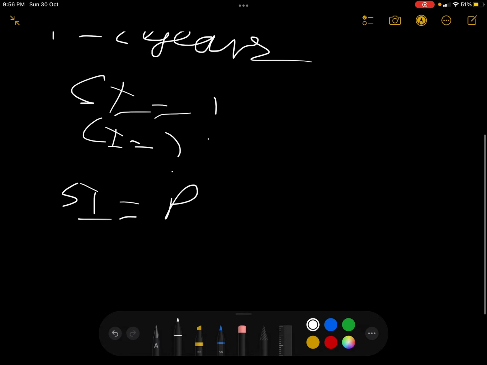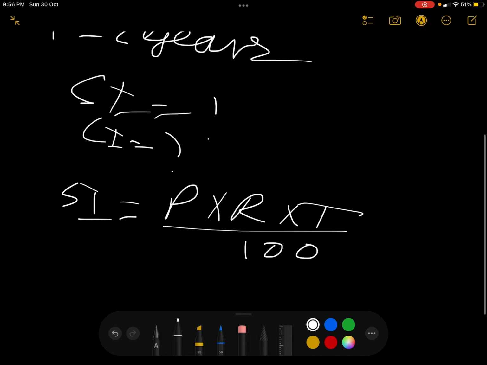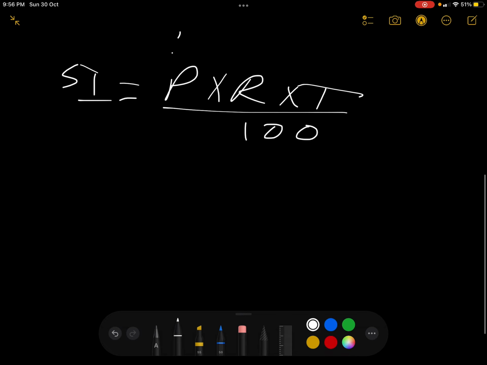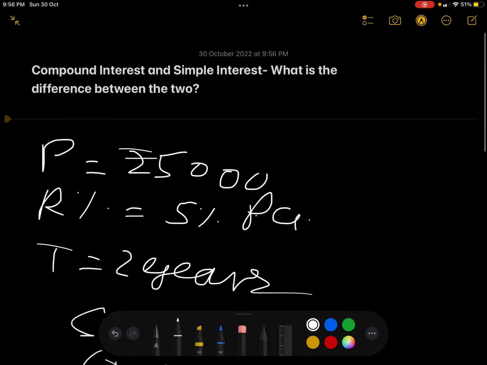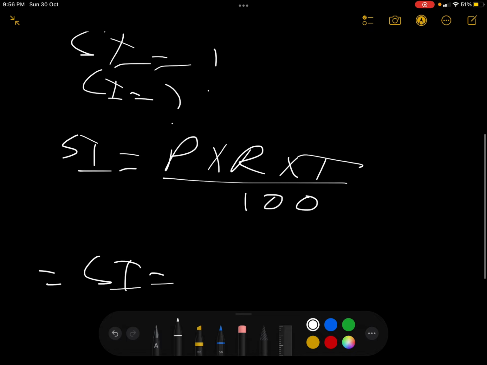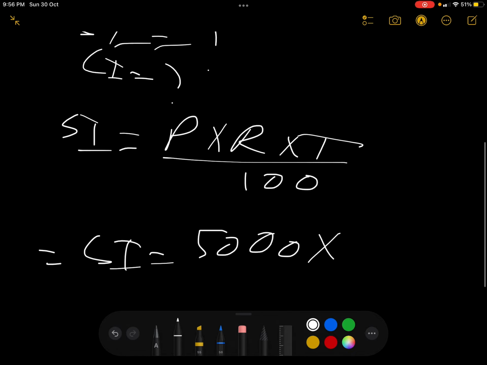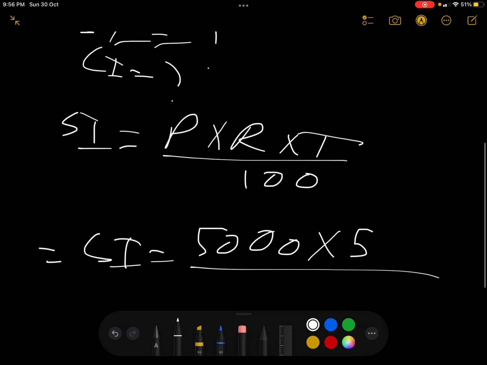So SI is equal to P into R into T upon 100, and this formula I have explained in part 1 of my simple interest video. So this is equal to 5,000 into, what was our rate here, 5 upon 100, into what was our time here, 2.